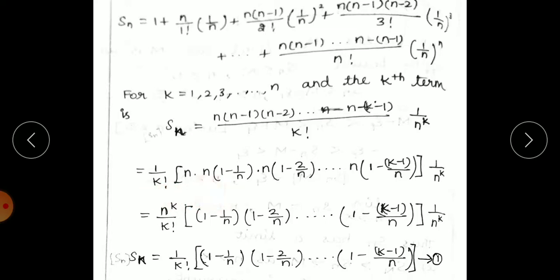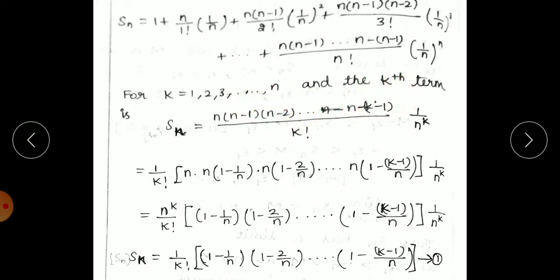So n into n into 1 minus 1 by n, into 1 minus 2 by n, up to 1 minus k minus 1 by n, into 1 by n power k. So here we are applying 1 by n, 2 by n, likewise k minus 1 by n.